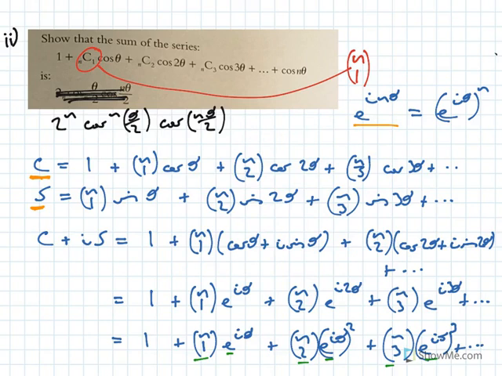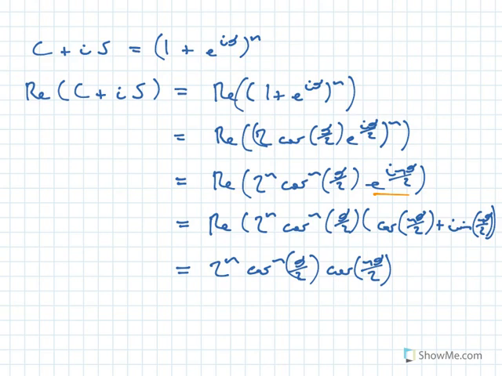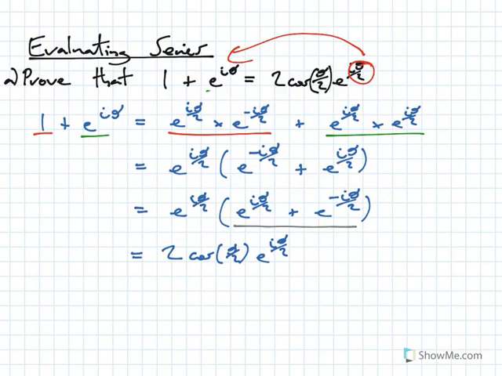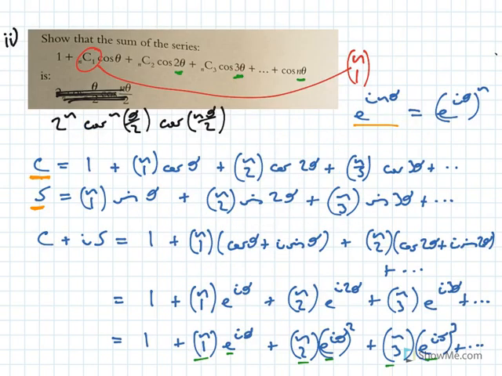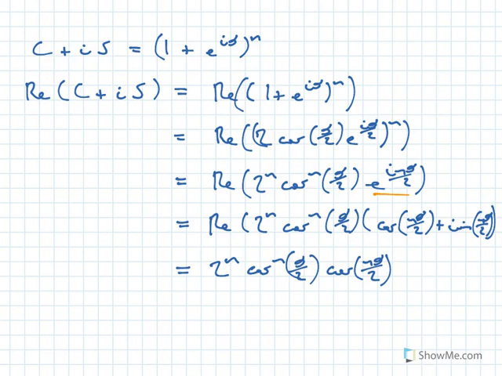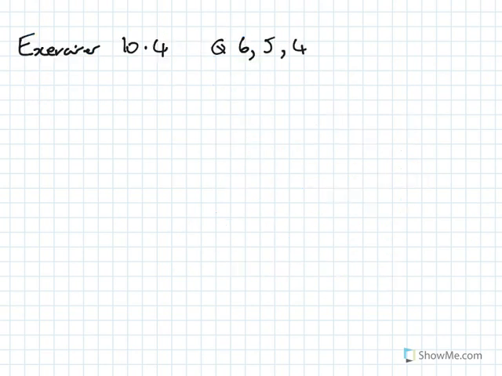And because of the multiple angles in the question here, you need to use de Moivre's theorem at some point. But after you've used de Moivre's theorem, you should be able to get a binomial expansion, and then you just take the real or the imaginary part as is required. Quite often the crux of the question is this bit, and then the hardest bit about this stuff is remembering what to do.